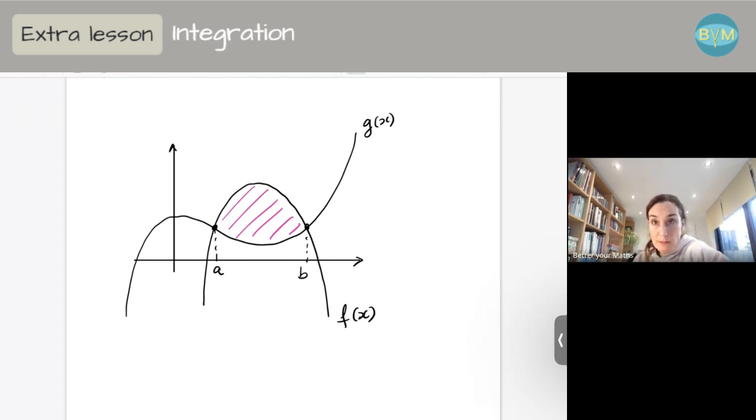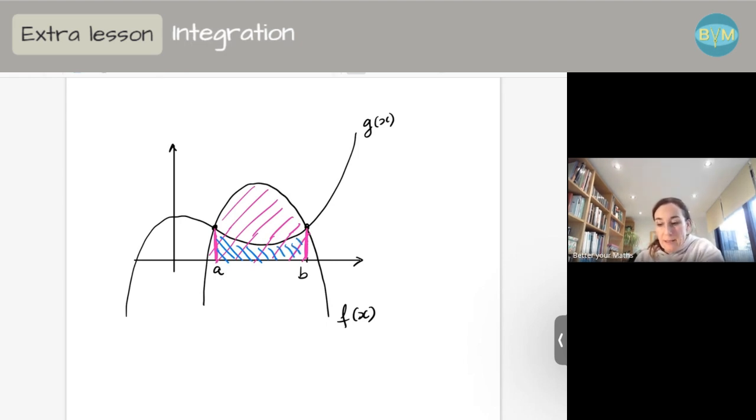We have two options. We can integrate f(x) between a and b, so that way we will find all this area between the limits. Then integrate g(x), and then we will find the area under g(x), and then subtract.